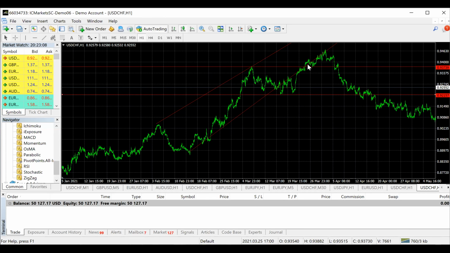Then it continues here before it reverses. This is what we call continuation breakout. Although the continuation is not too long, it continues a little bit before it comes back. So this is what we call continuation breakout.